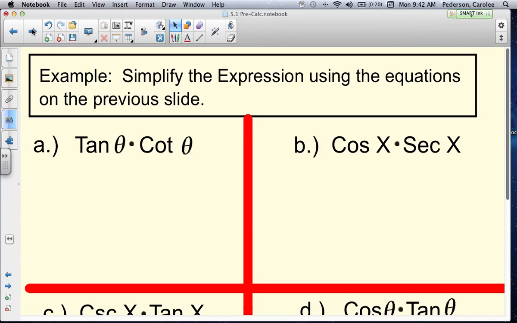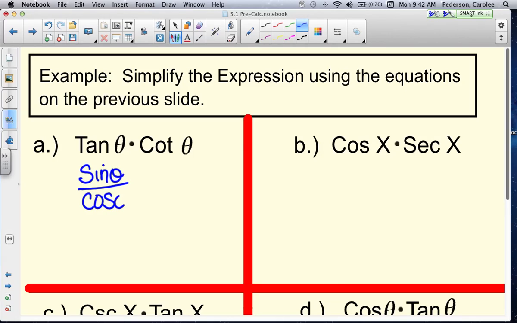So looking on page 354, I can rewrite the tangent of theta into sines and cosines. The quotient identity says that the tangent of theta can be rewritten as the sine of theta over the cosine of theta. Then the cotangent of theta also can be rewritten using one of the quotient identities that says that cotangent of theta is cosine over sine.